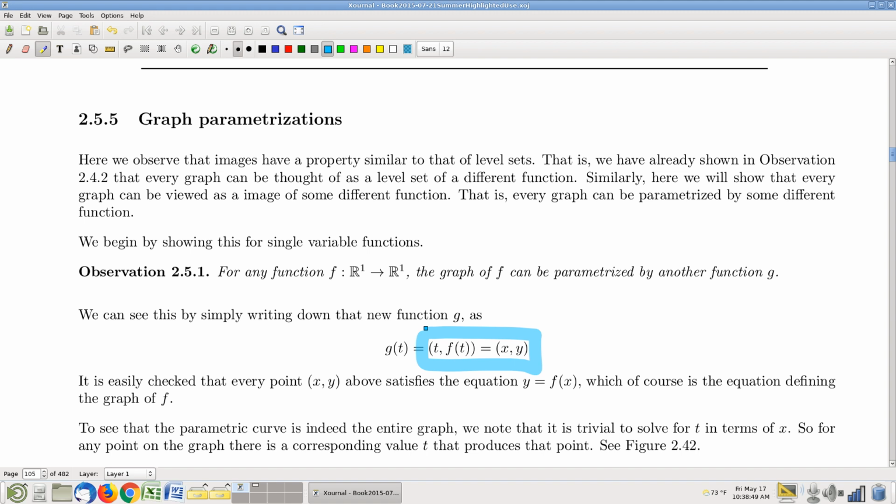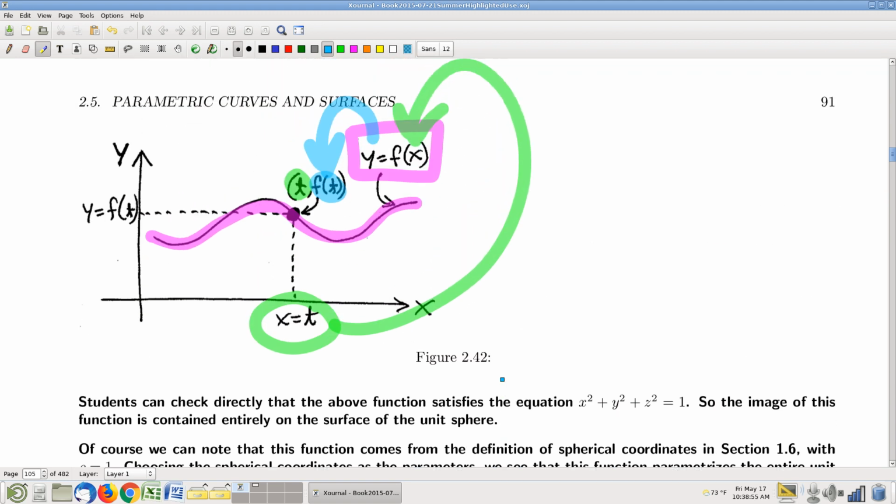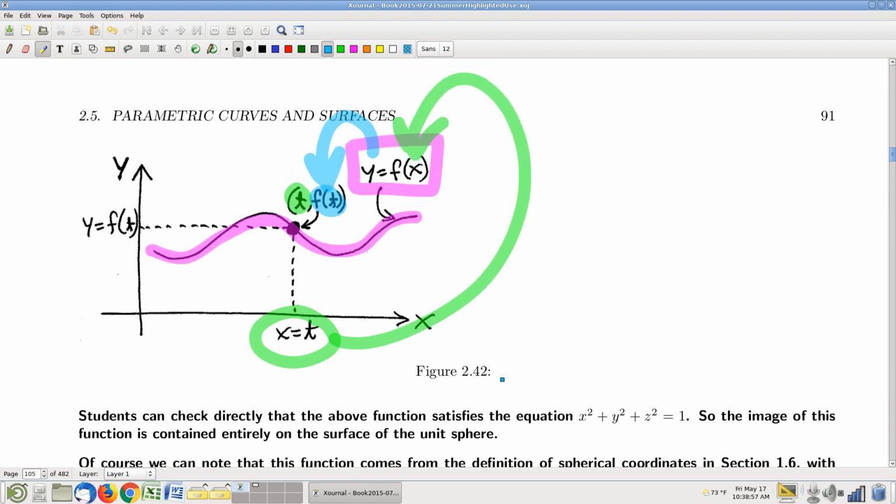Questions? Yep. Yep, sure. So, we make a seemingly arbitrary and unjustified choice to start with. I'm just going to choose x to be t.